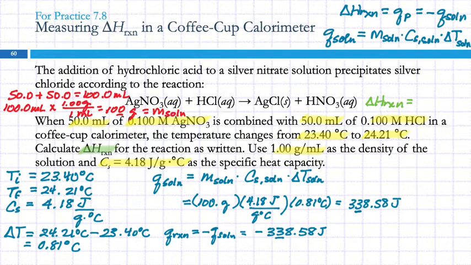Well, we need to figure that out, right? So we have 50 milliliters. So if we convert that to liters, or actually let's just do it like this, 50 milliliters is 50 times 10 to the minus 3 liters. And then we have our molarity, 0.1 moles per liter.